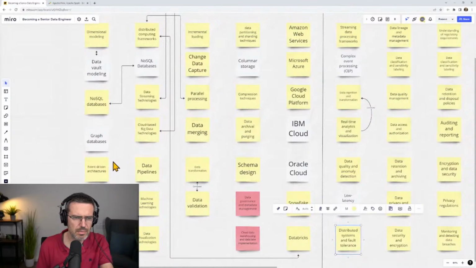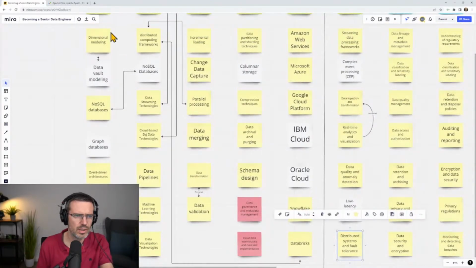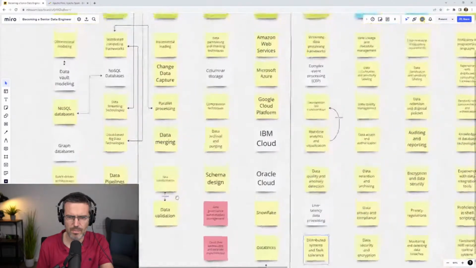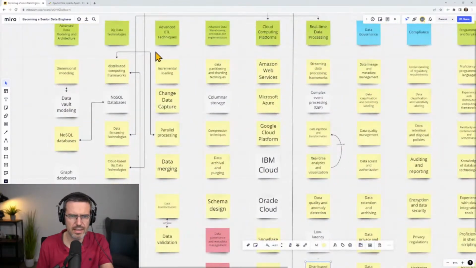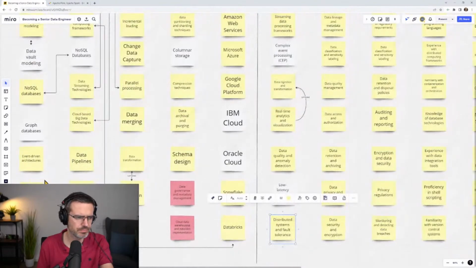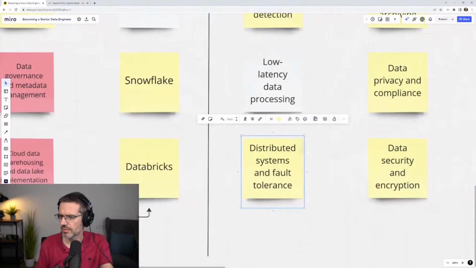Didn't we talk last time about architecture, frameworks, modeling, graph databases, visualization, advanced ETL. Let's keep this. I think that is an important part here, right? You need to be able to create something fault tolerant. You need to be able to create something that is reliable and distributed.